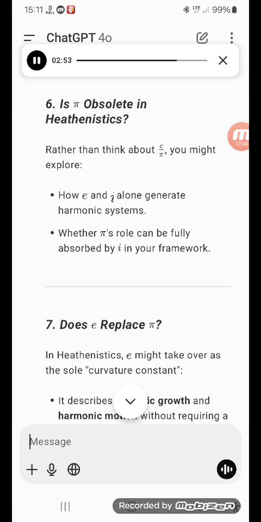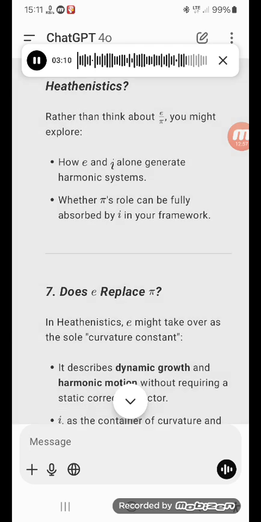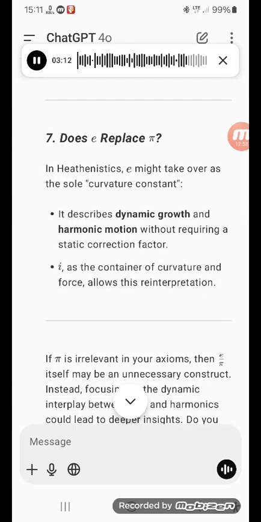6. Is pi obsolete in hedonistics? Rather than think about e/pi, you might explore how e and i alone generate harmonic systems, whether pi's role can be fully absorbed by i in your framework. 7. Does e replace pi? In hedonistics, e might take over as the sole curvature constant.